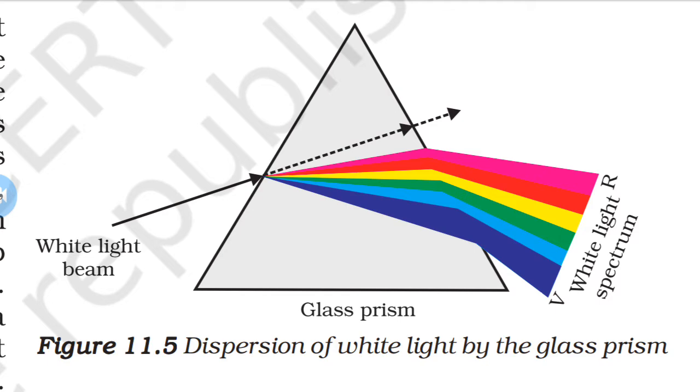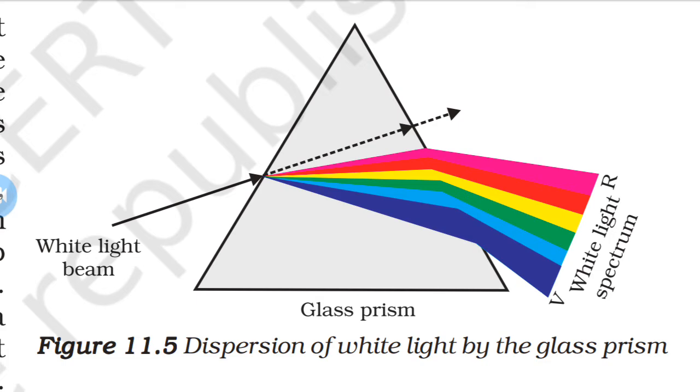White light is made up of 7 colors and different colors suffer different deviation. Here the band of colors of the light beam is called the spectrum. That is, the band of 7 colors obtained from the splitting of white light is called the spectrum of white light. Then the phenomenon of splitting of white light into its 7 constituent colors is called the dispersion of white light.